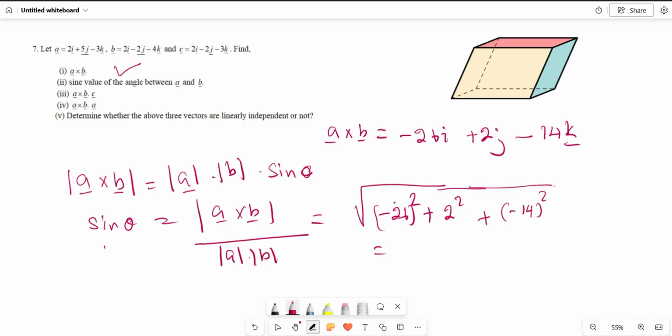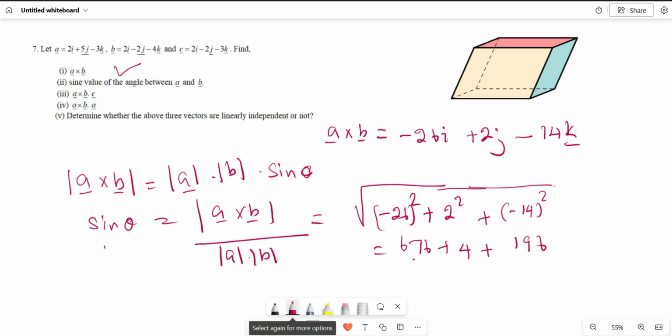Here 30 minus 4, right? 30 minus 4, all squared. 30 squared is 900. 900 minus 240 is 660, 676. And here 4, and it is 196.